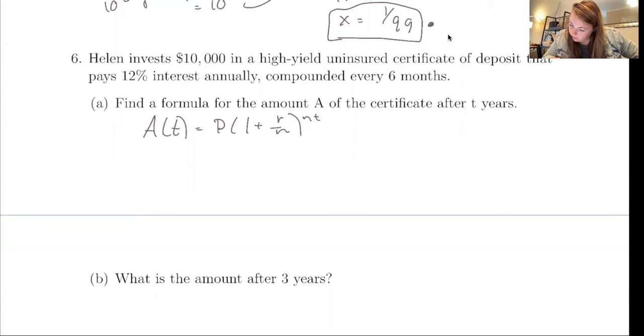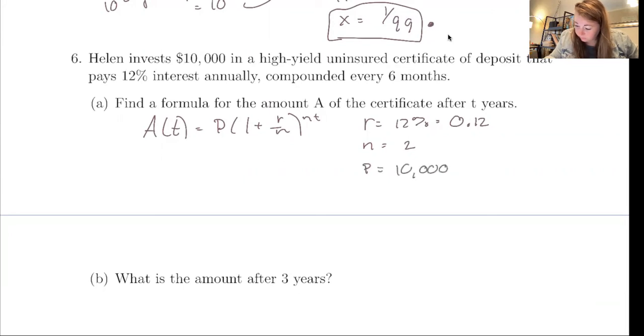So n is the number of times per year and r is our rate. So r here is 12%, but we don't plug in percentages, we plug in decimals. And since it's every 6 months, that means twice a year. And P, we were told that we are investing 10,000.